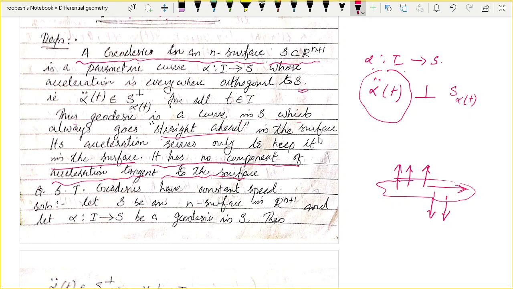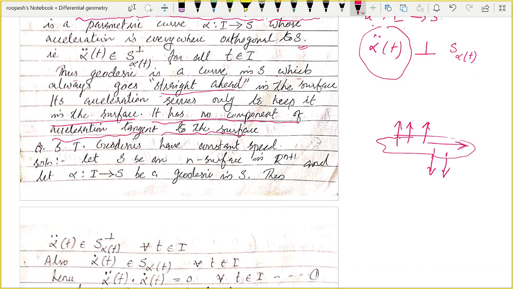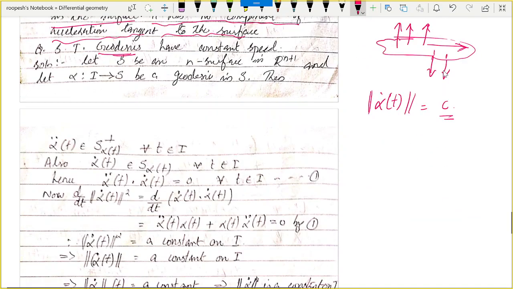So here's the problem. Show that geodesics have constant speed. We want to say that alpha dot of t is some constant. Given that alpha is a geodesic, alpha double dot of t should be orthogonal to S at alpha of t.